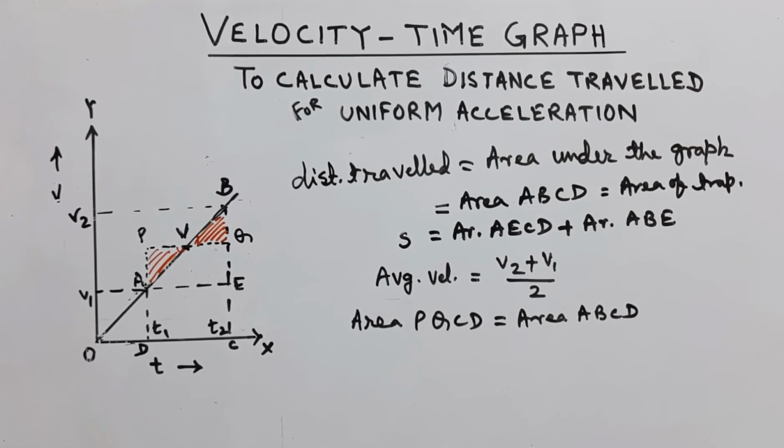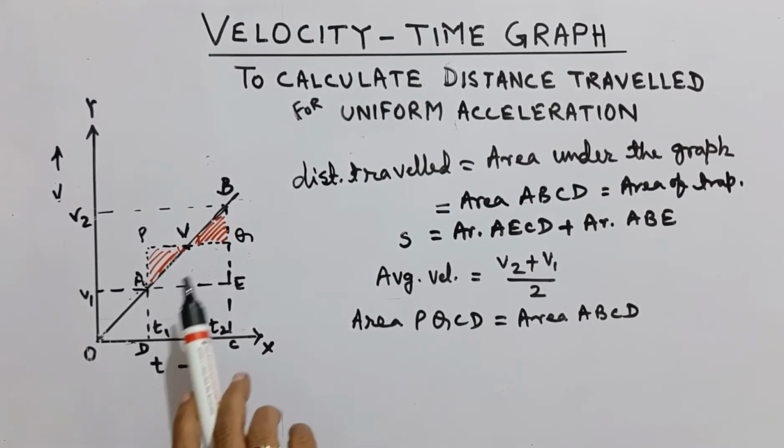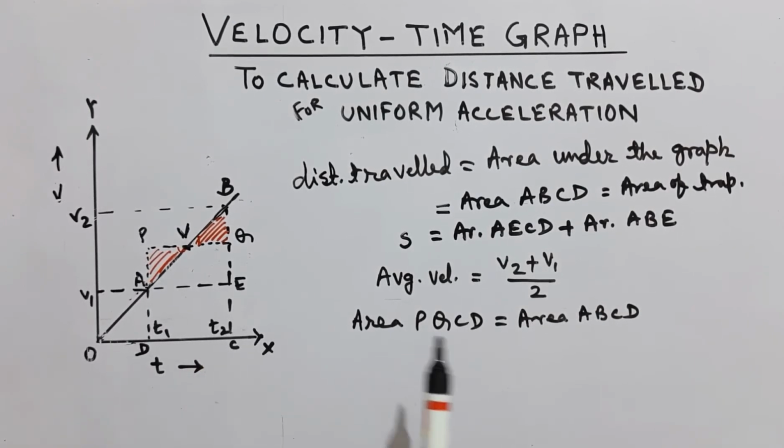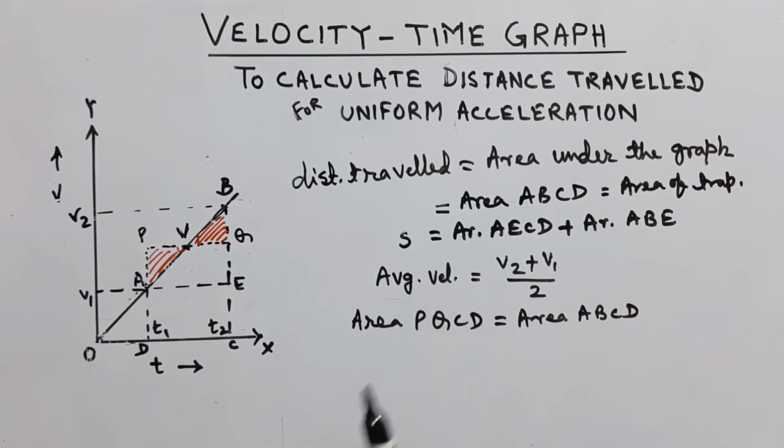So the distance travelled by the object with variable velocity or uniformly accelerated motion is the same as the distance travelled by the object if it were to move with a constant velocity equal to the average velocity.